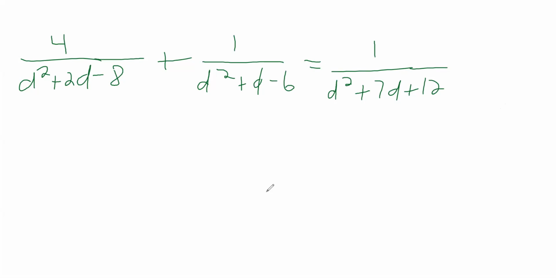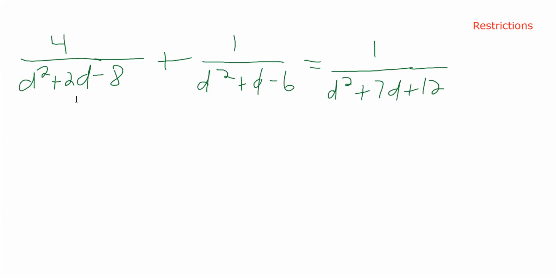The major thing we want to keep in mind here is that factoring is going to take place. We want to factor things. We recall that we also have to take into account any restrictions. We have to throw out any values of the variable that would cause us to divide by 0.